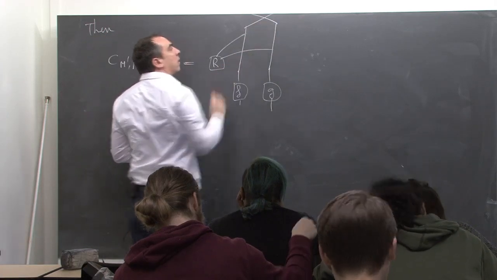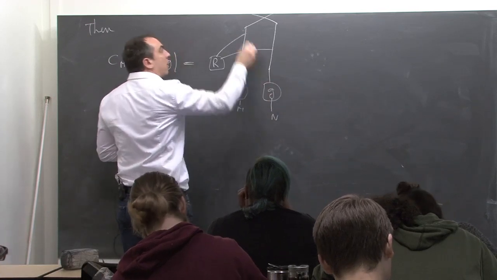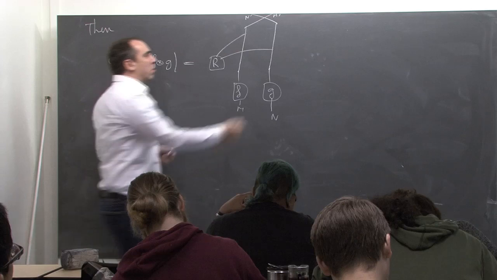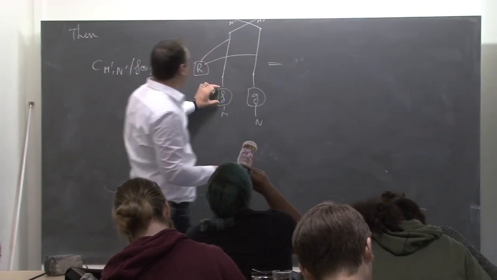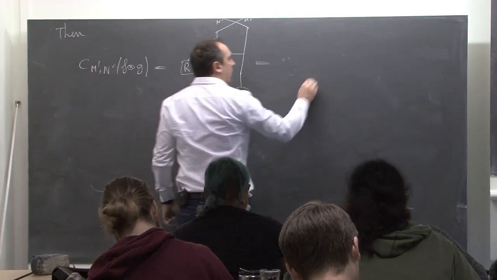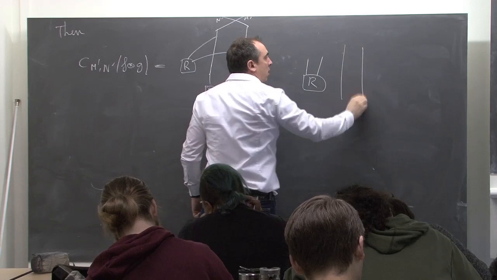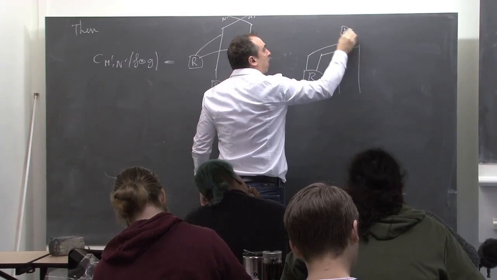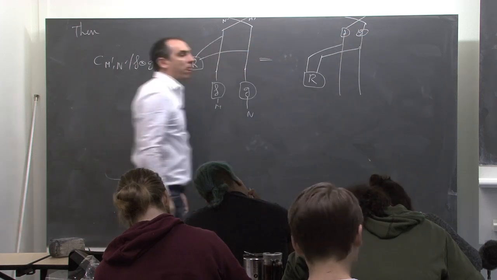And then this. So if I use this, I can slide F. So this is equal to R, I have F, I have G, and then the flip.